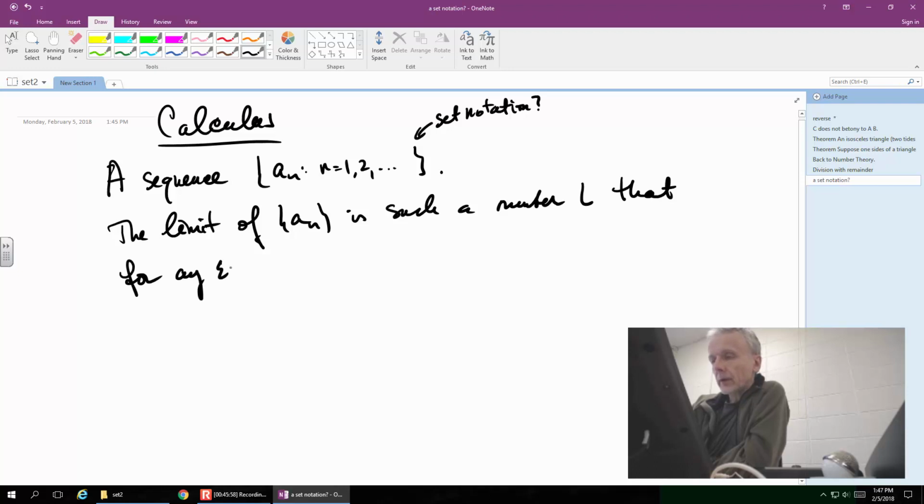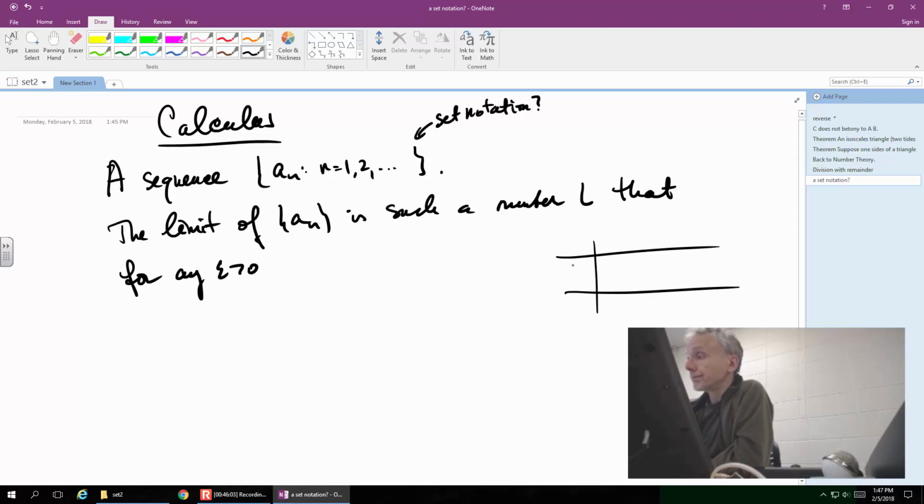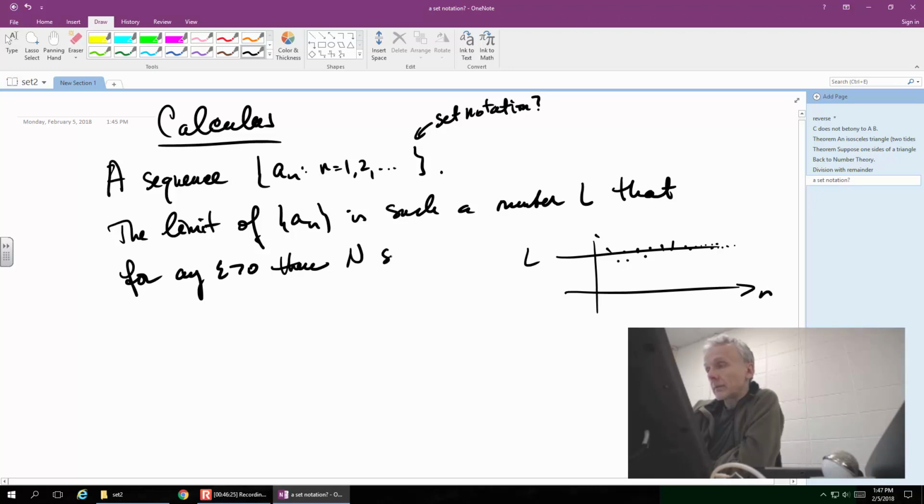For any epsilon greater than 0, what? Well, the delta is the limit of a function. This one is for sequences. So as we progress along the axis of n, the values of a_n should be getting closer and closer to L. So there is no delta, but rather there is an N, such that for all n larger than N, |a_n minus L| is less than epsilon.